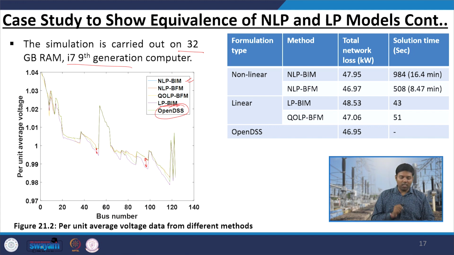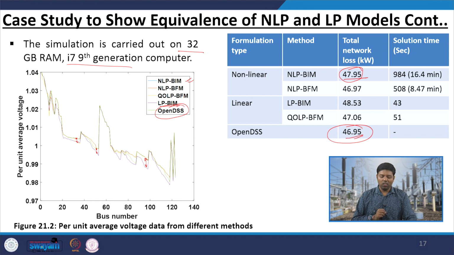Now you can see from the result as well that if you take the BIM model and also implement linear programming on it, that means you approximate it further, and then your solution will diverge significantly from the actual solution. The actual solution from OpenDSS, which is a good solution, gives 46.95 kilowatt for the loss, and you are getting almost 1 kilowatt more loss if you use nonlinear programming of the bus injection model.